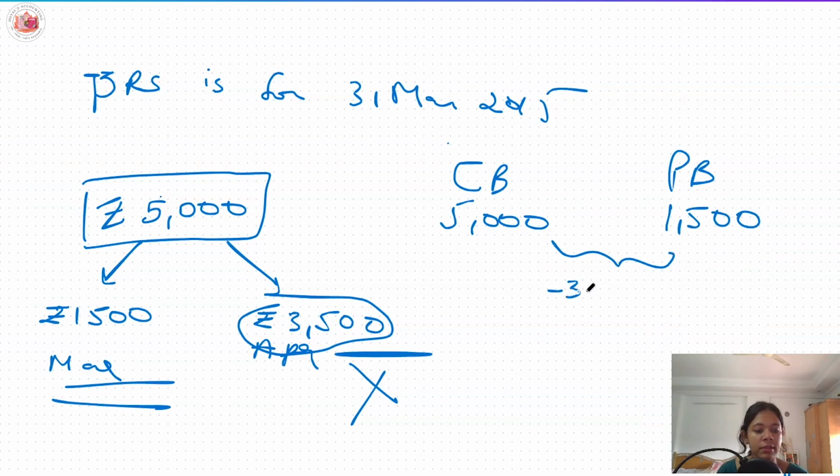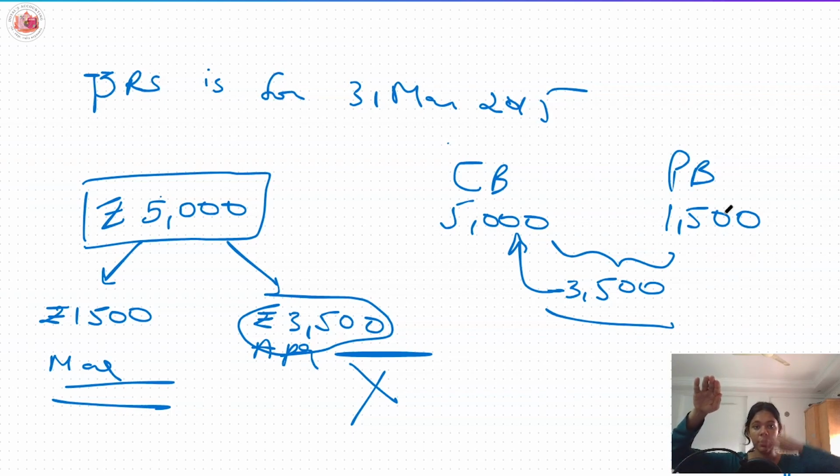So what is the difference? 3,500, right? So my cash book is 3,500 rupees more than my passbook. Now if I want to equalize the two, I have to deduct this 3,500 from my cash book so that both of them are equal. My cash book is more, my passbook is less.